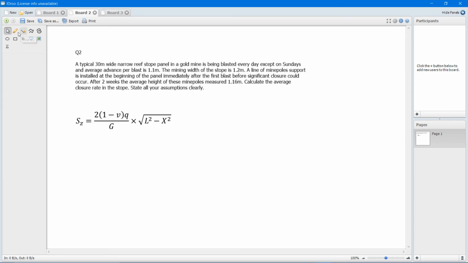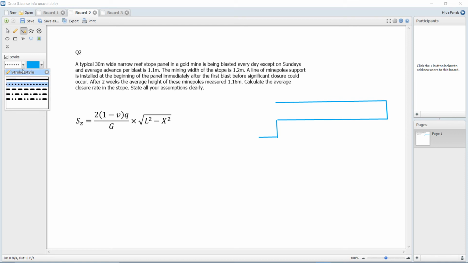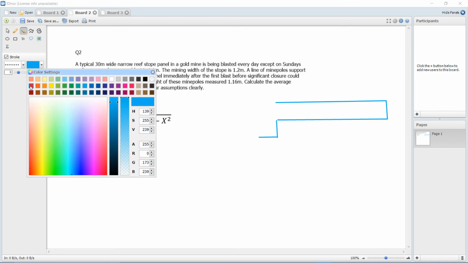Okay, so this is quite visual, and we'd like to quickly just sketch what it might look like in section view, in a stope. So that's typically what your stope would look like, right?